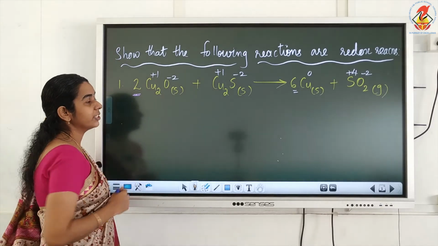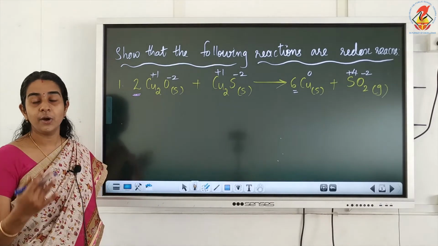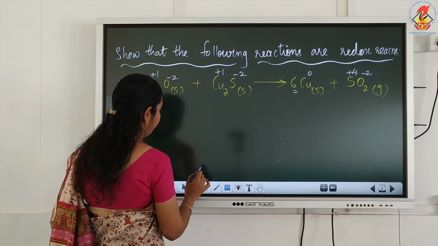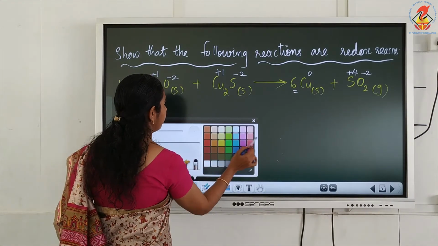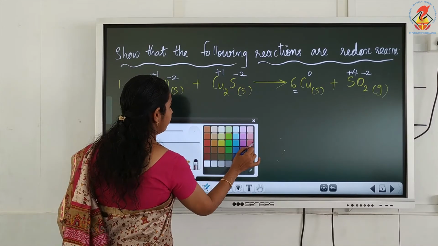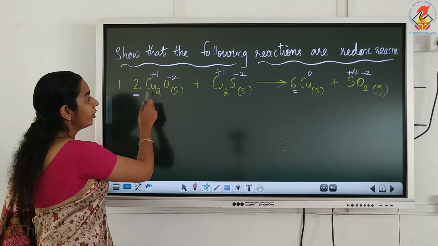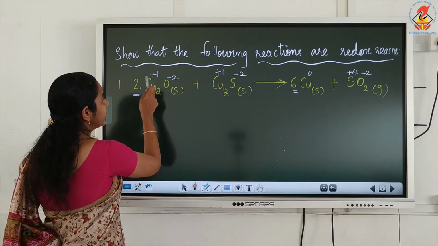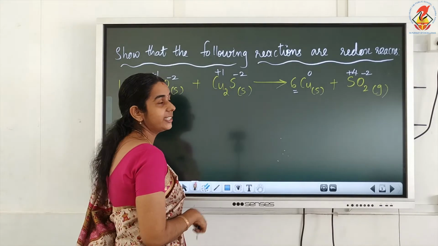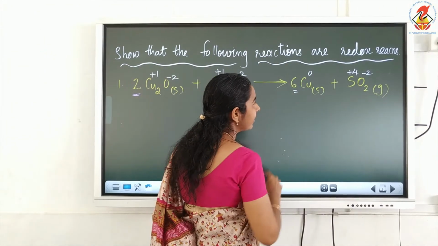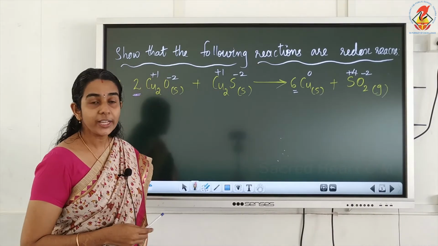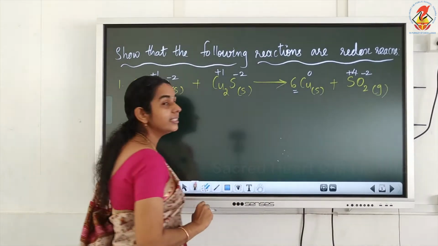Now, based on oxidation number, how can we assign oxidation and reduction? See the case of copper. On the left hand side, here copper is in +1 oxidation state, here also copper is in +1 oxidation state. On the right hand side, when it comes in the product side, the oxidation state is 0.